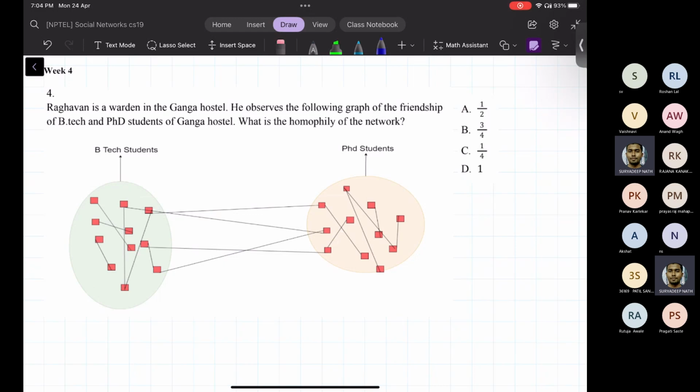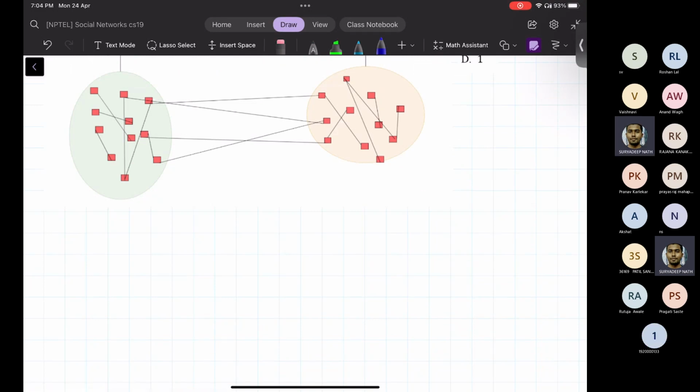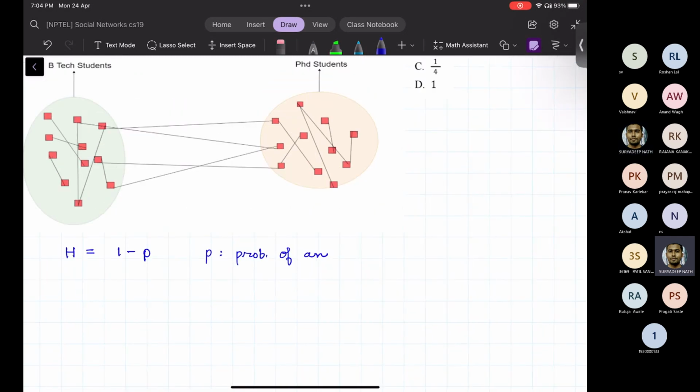What is the homophily of the network? Homophily H is basically 1 minus P, where P is the probability of an across edge being present.